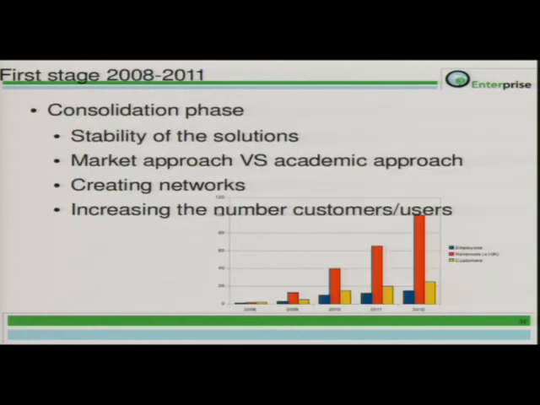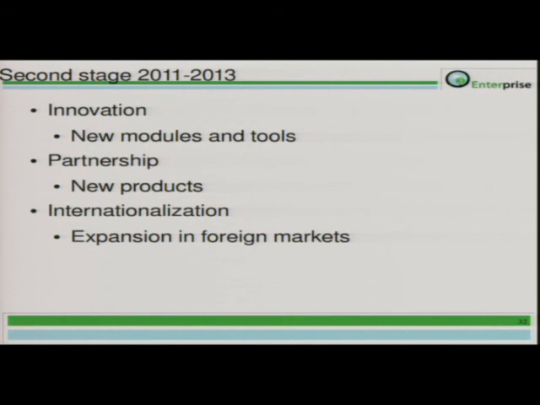The first stage of the project, 2008-2011, was about consolidation. So stability of the solution, changing from the academic approach to a market approach, creating networks, and increasing the number of customers and users. And the second stage, from now till 2013, we want to focus on innovation: new modules, new tools, partnerships, new products.